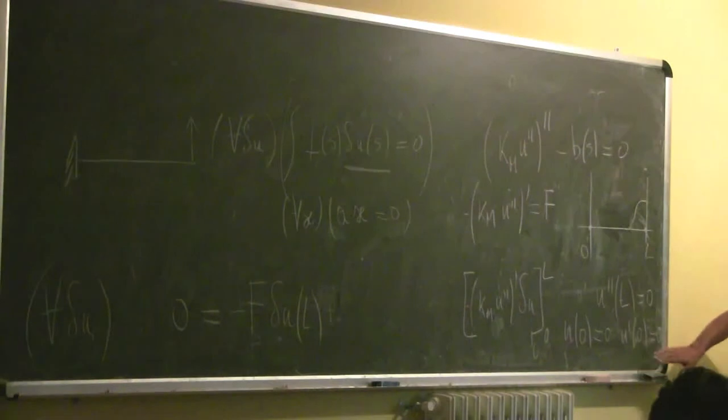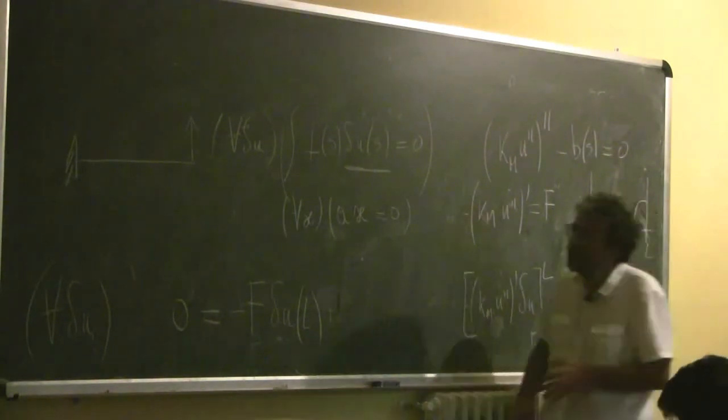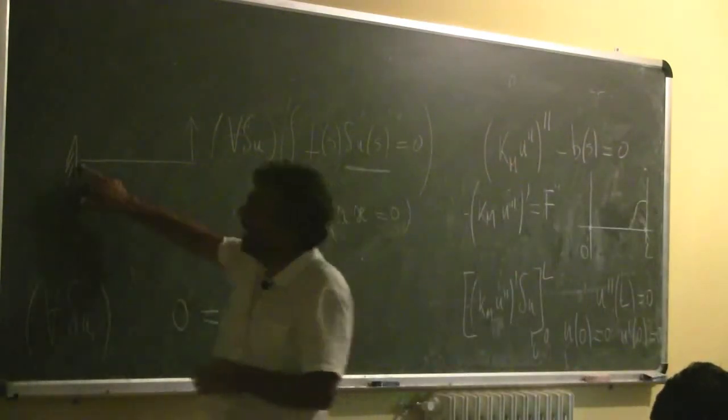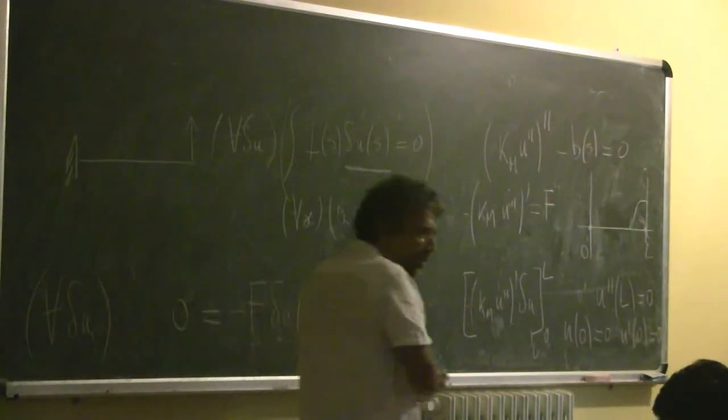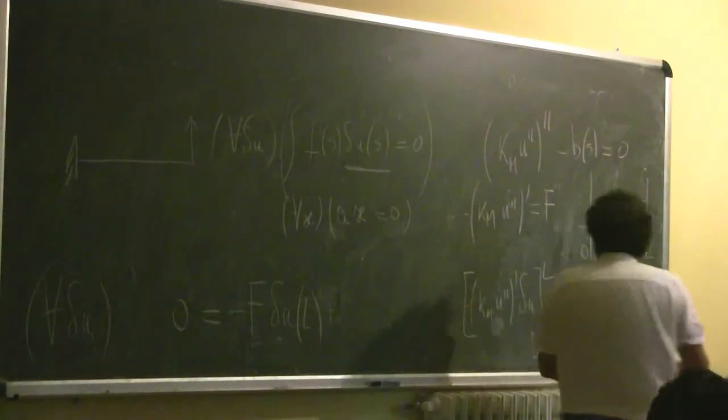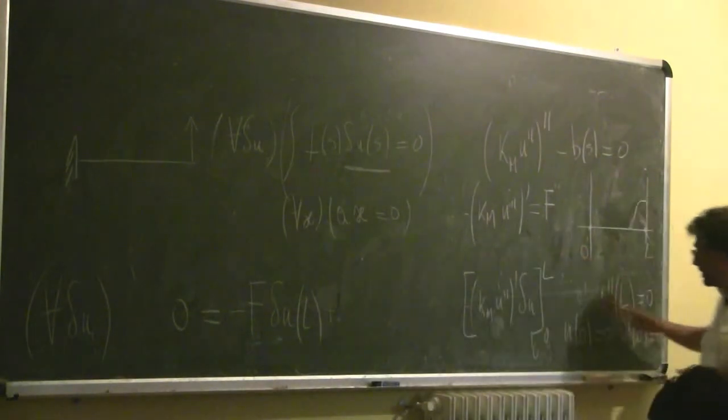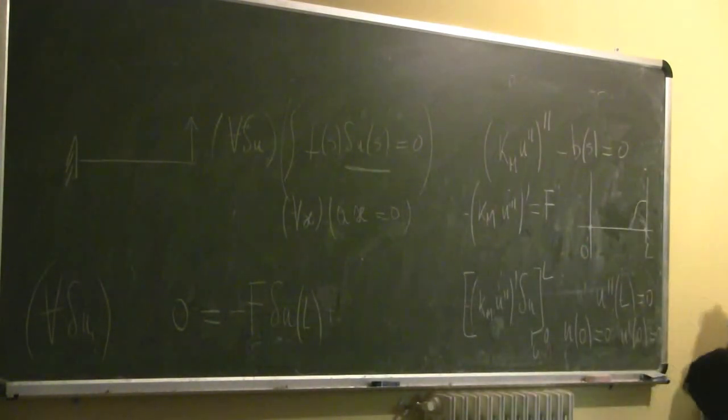You impose to your beam that this point cannot displace and the section cannot rotate, while this and that are so-called natural boundary conditions, which you obtain imposing the minimum condition.